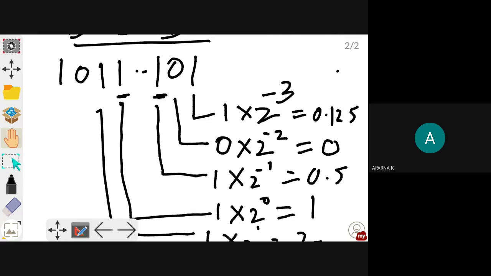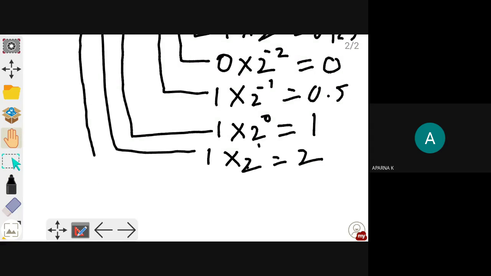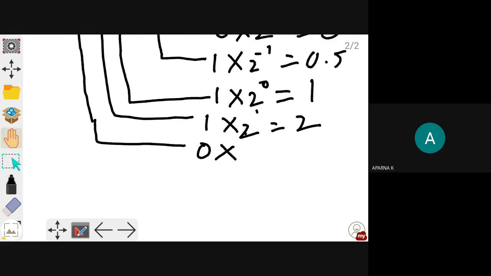And the next is 0. 0 into 2 power 2. So 0.